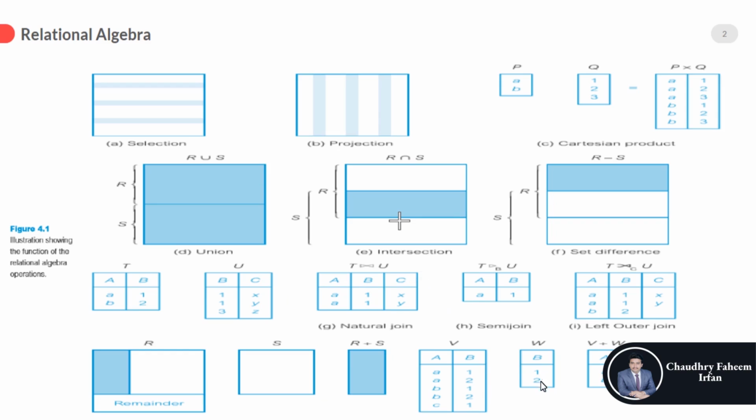Like, look at here, here are the two tables, one is V and the second one is W. So V division operator W. So like look at here, A1 matches with A1, so this record, and also A2. So only A and B, there are two tuples that are in W.